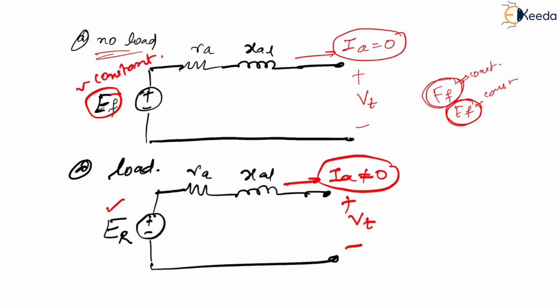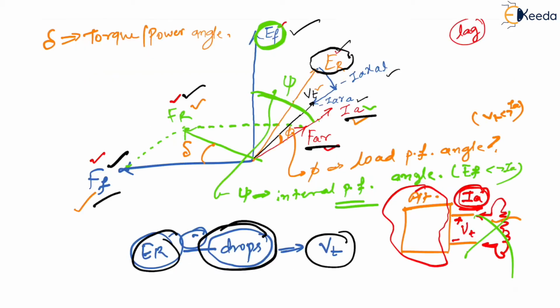Now let us see what is ER. ER, if you see, is EF, and then you have got IA. Is it variable or is it constant every time? IA is not constant. Why? Because you really don't know what the load will be.